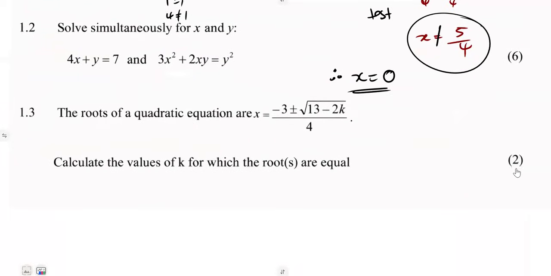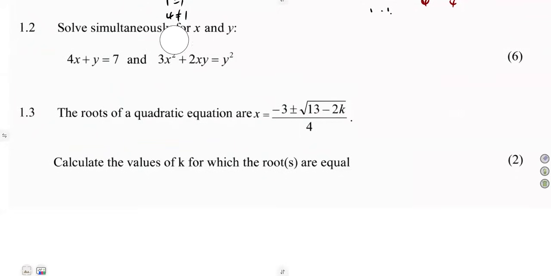1.2, solve simultaneously for x and y. So we need to solve for x and y in these equations. This is your equation 1 and this is your equation 2.